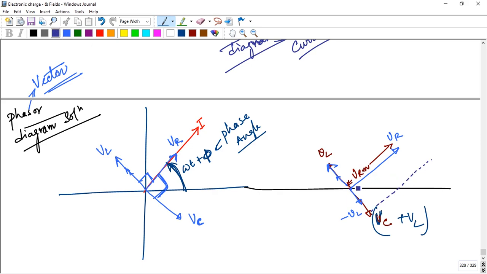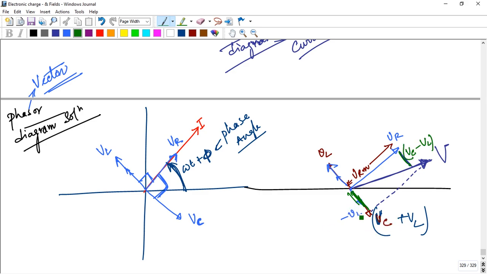Here is VM, and the final V, or called the resultant vector V. This gap is equal to VC minus VL, because VL is in the opposite direction.